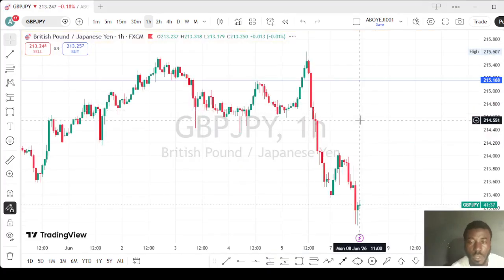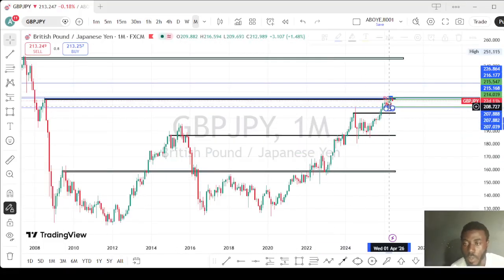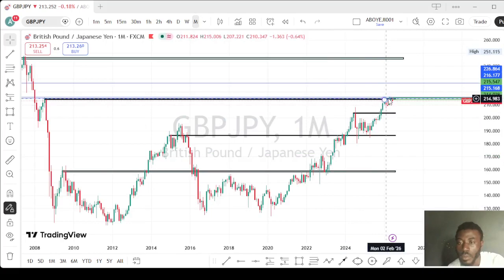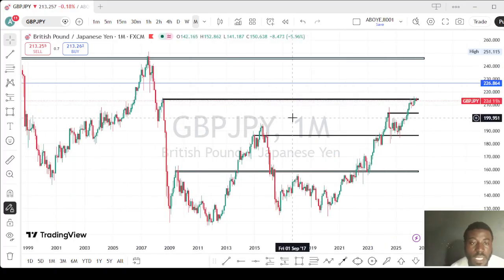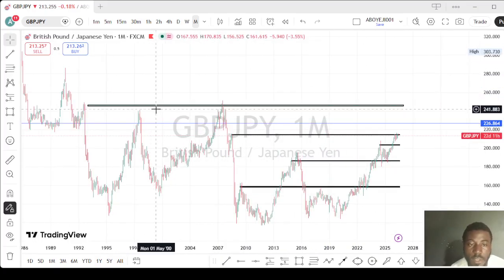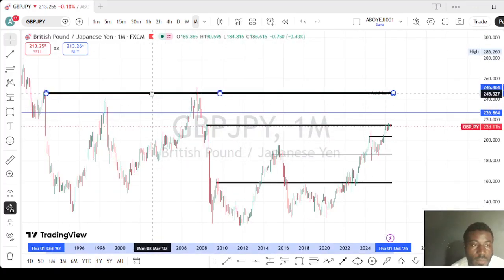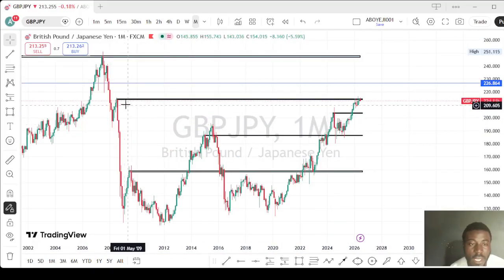Let's move to GJ. This is what GJ is giving us for the monthly time frame also. For the monthly time frame, these are our key levels here, and this is another key level here.